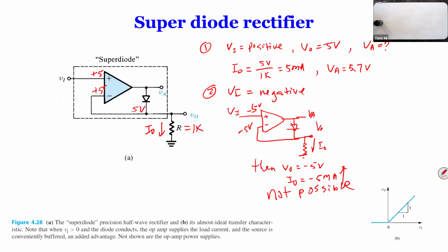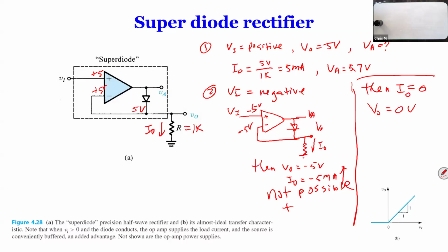Not possible means you cannot have current flowing upwards. So the current has to be 0. You cannot flow current. If the current is 0, how much is VO then? 0. So if VO is 0, then how much is VA? Negative 4.3, or it would just be 0.7?